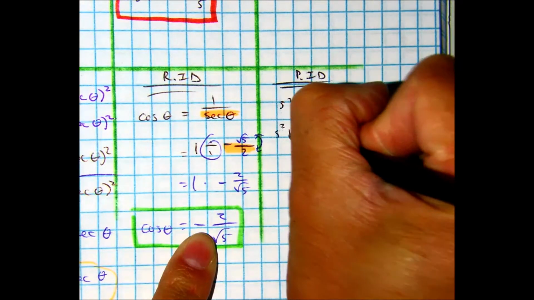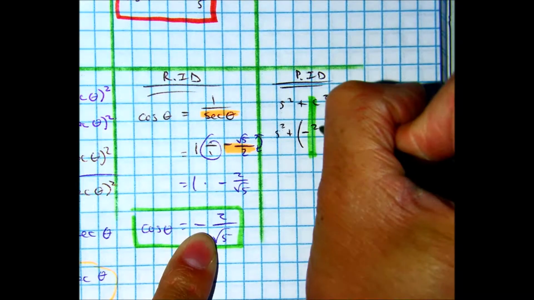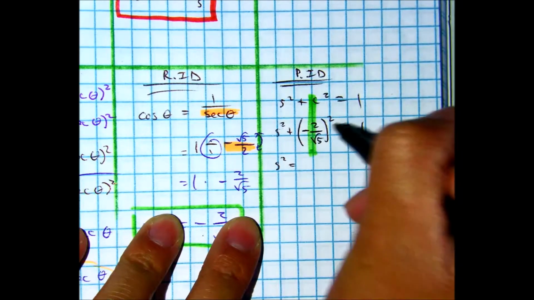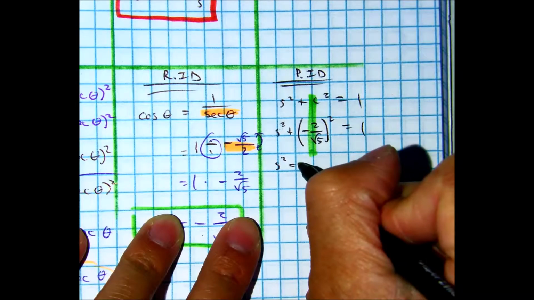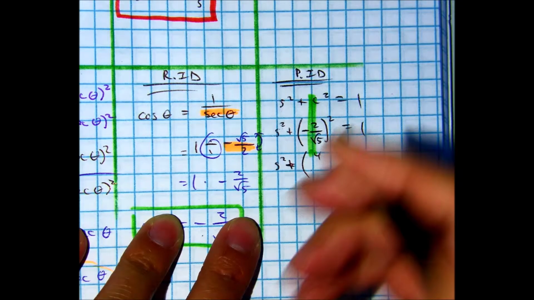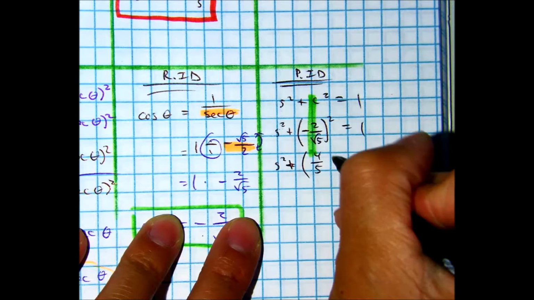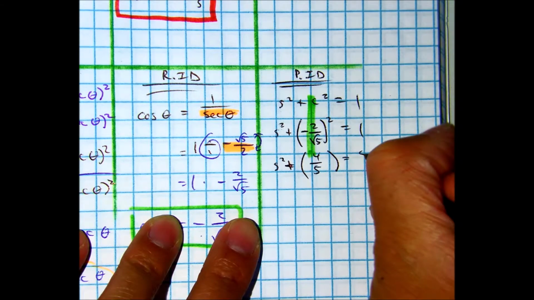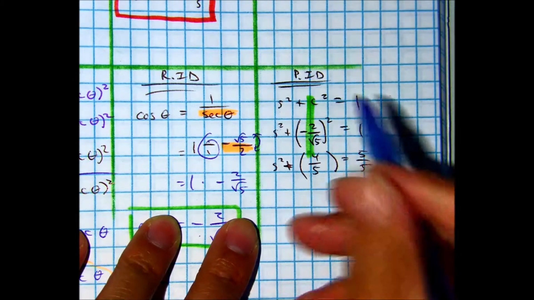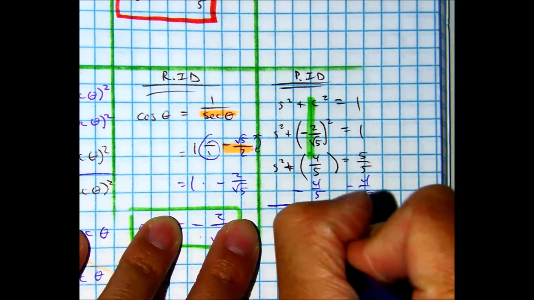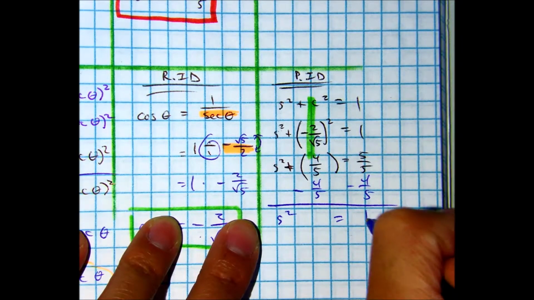Sine squared plus negative 2 over radical 5 squared equals 1. Class, negative 2 squared. And radical 5 squared. And this one's going to turn into 5 over 5. So if we subtract 4 over 5, sine squared equals 1 over 5.